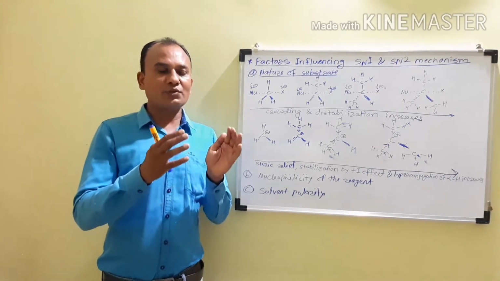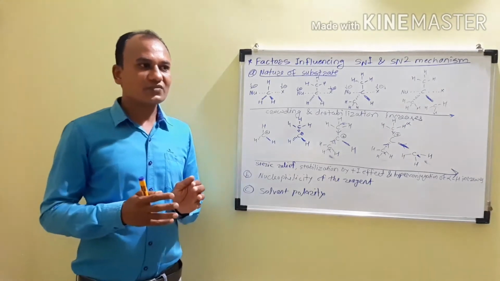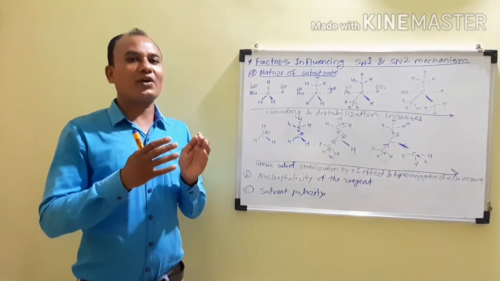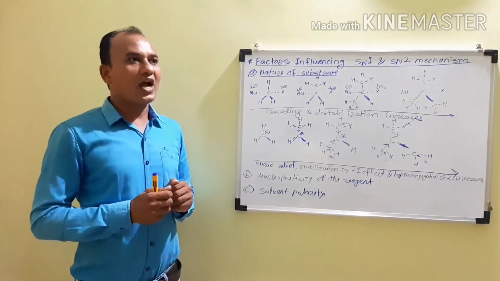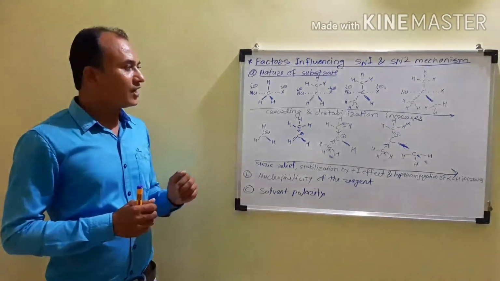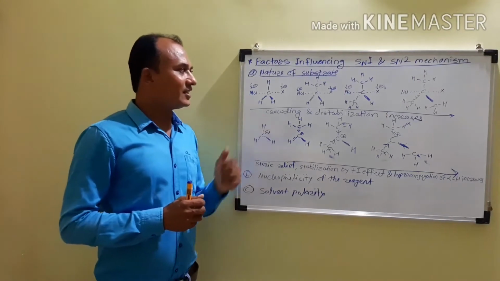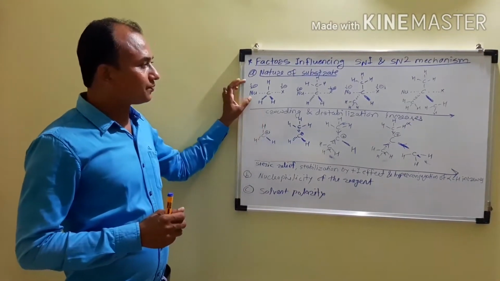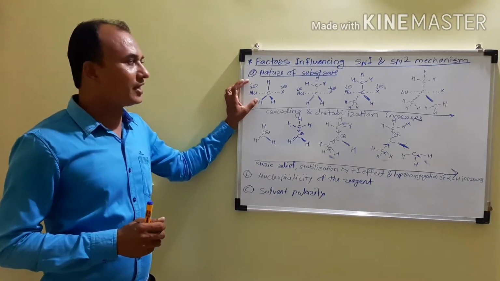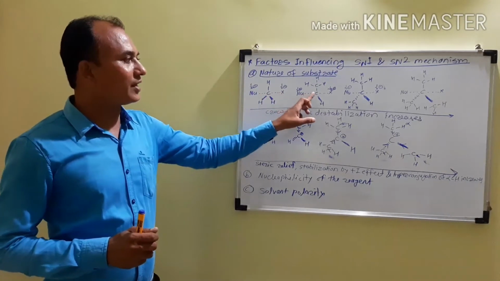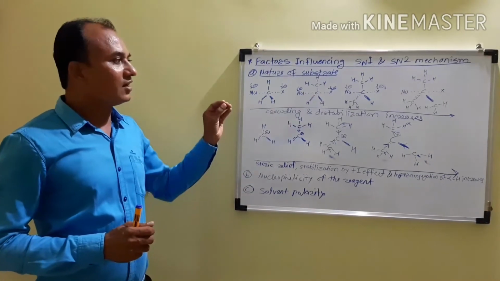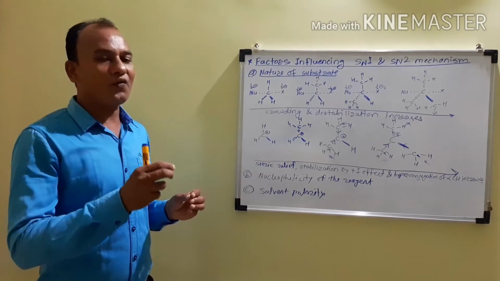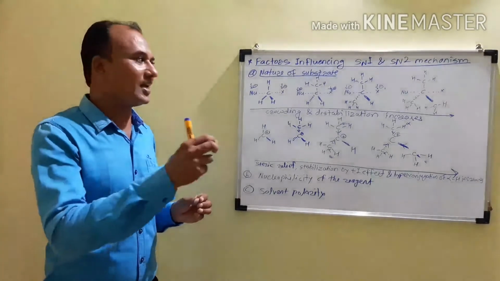If the crowding is more, the attack of the nucleophile is less favored. So in the SN2 mechanism, as the crowding around the carbon atom increases, the destabilization increases and the attack of the nucleophile becomes less and less favored.